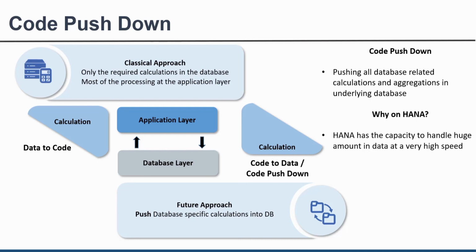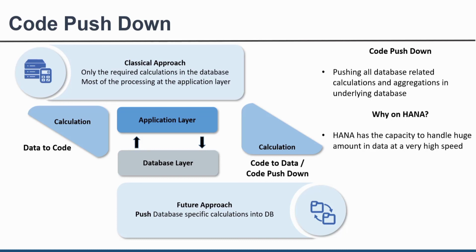It can handle such calculations with a very high speed. When you were using any other classical database, those databases didn't have this capacity to handle huge amount of data with a very high speed, and that is why you used to pull the data into internal table, and there you used to do further calculations.